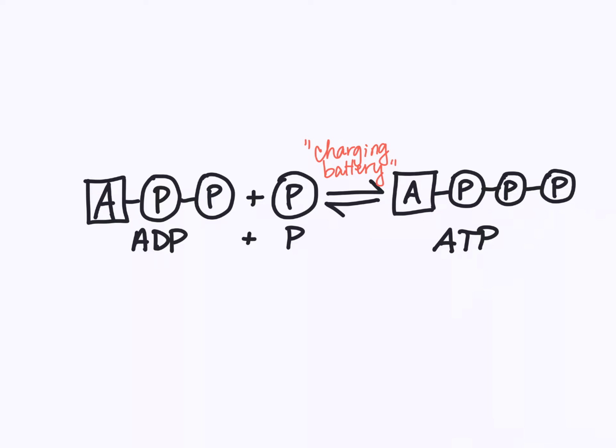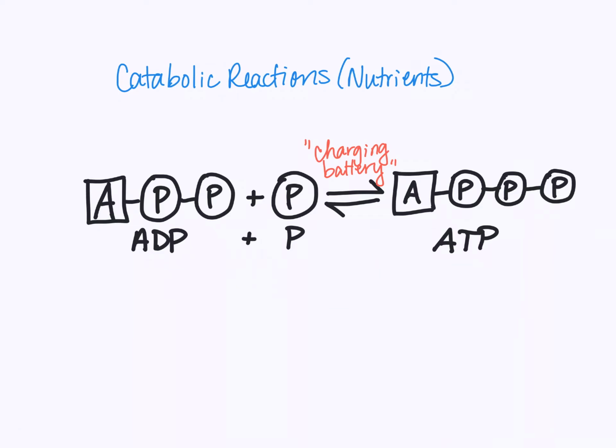And in the case of ATP, what usually happens is it comes from catabolic reactions of nutrients. So for example, we could take a polysaccharide, something like a complex carbohydrate, and break it down into its individual monomers.